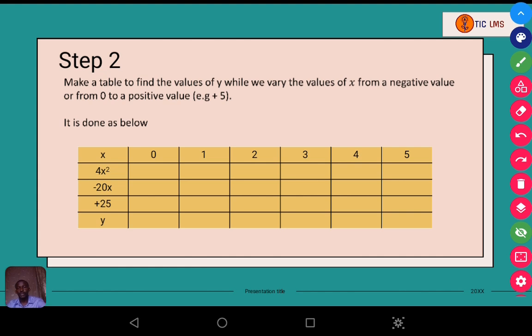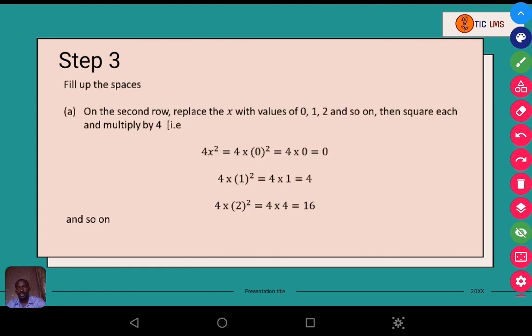Now let's move on. Step 3, fill up the spaces. Now on the second row, replace the x with values of 0, 1, 2, and so on, then square each and multiply by 4. Now I'm going to explain this shortly.